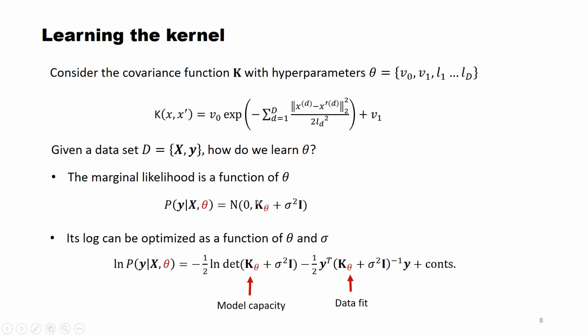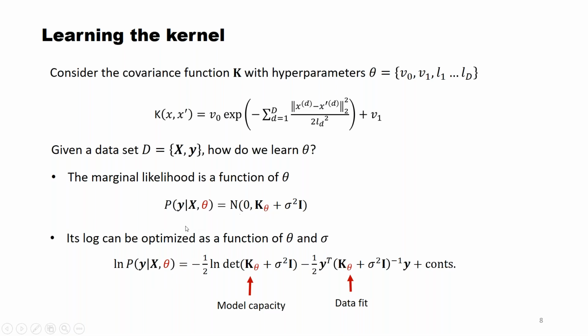But now, if you think about it, this is a function of the hyperparameters. So you can take this marginal likelihood and optimize it. Typically, of course, we do the log likelihood because it's easier to work with logs. You can actually maximize the log likelihood as a function of these hyperparameters.